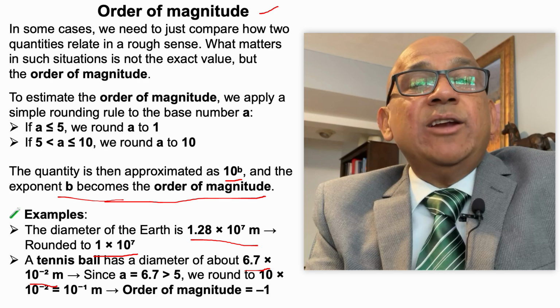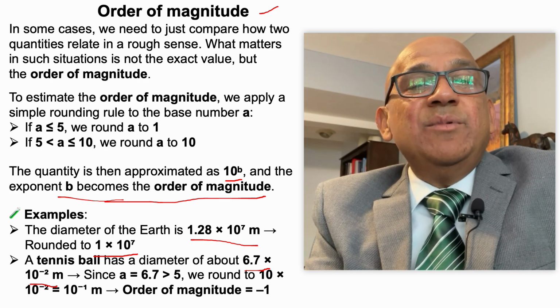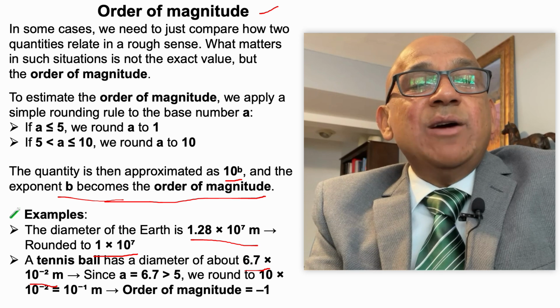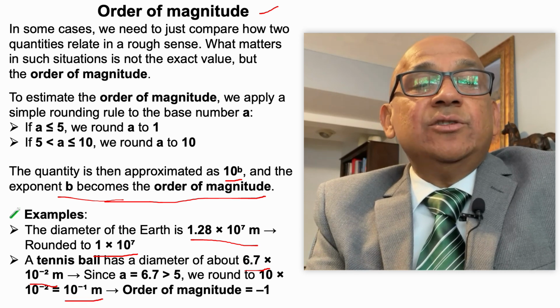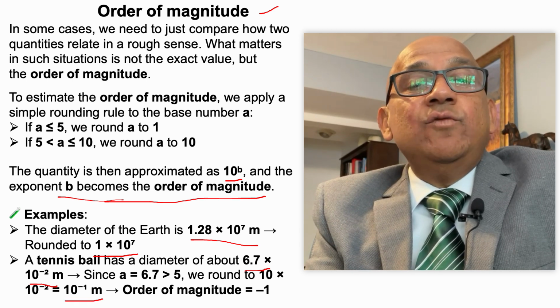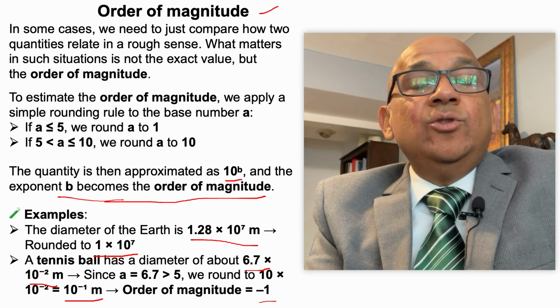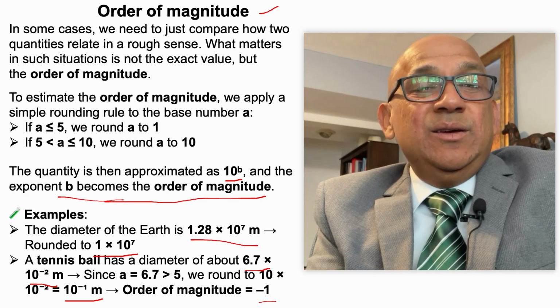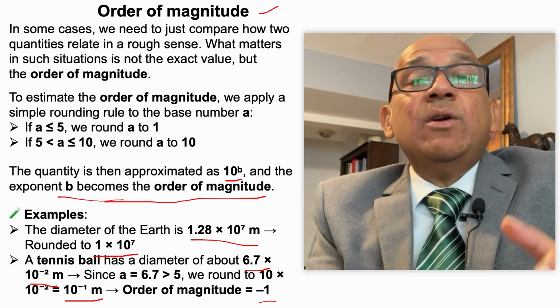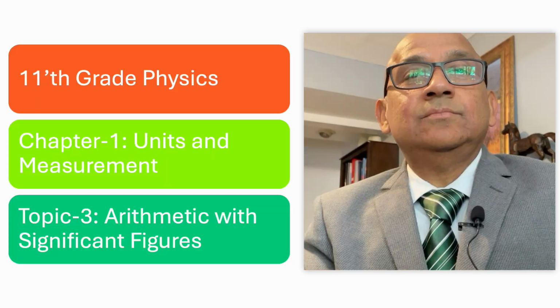If you round 6.7 to 10, then this diameter will come out to be 10 to power minus 1 meter, and so the order of magnitude will be minus 1. So this is very useful when you have to make some rough comparison.